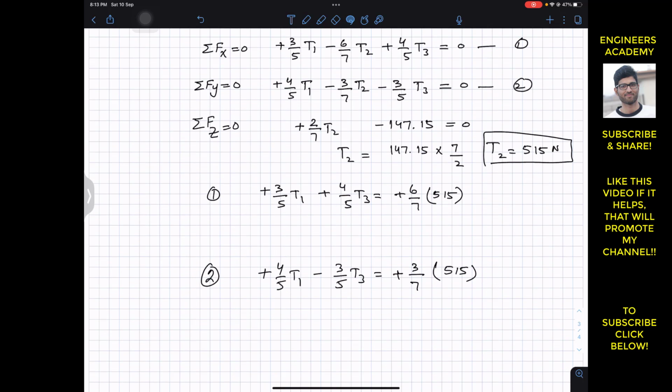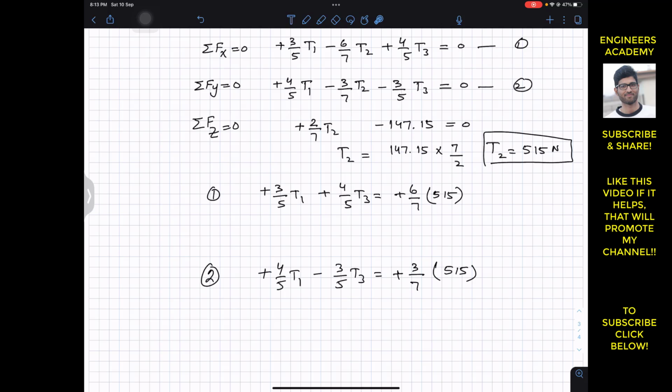Now since we need to solve both of these equations simultaneously, we need to cancel out one of the unknowns. If we want to cancel T1 by adding or subtracting equation 2 from 1, we need to make the coefficient of T1 equal, right?